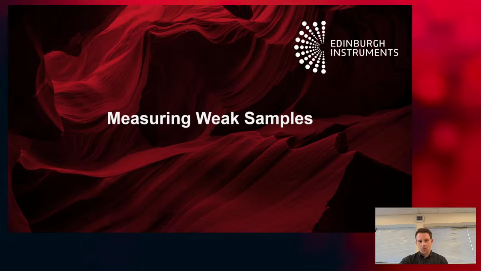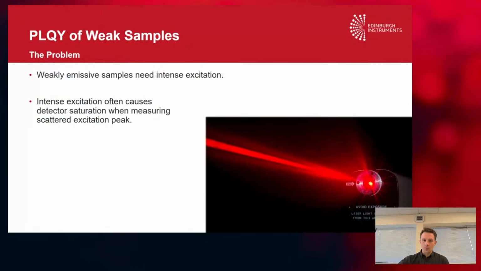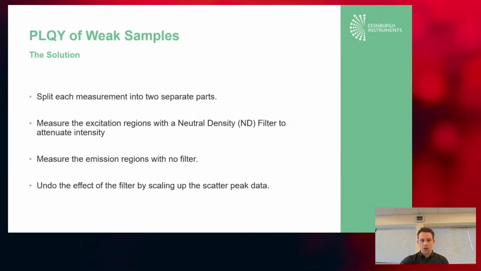Thanks, Grant. So yeah, a common problem for people is how to measure PLQY when their sample is weakly emitting. And the problem with that is that weakly emissive samples will require excitation light that is very intense. And this can often cause detector saturation when you're measuring the scattered excitation peak.